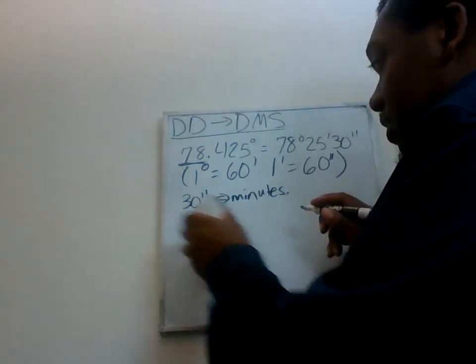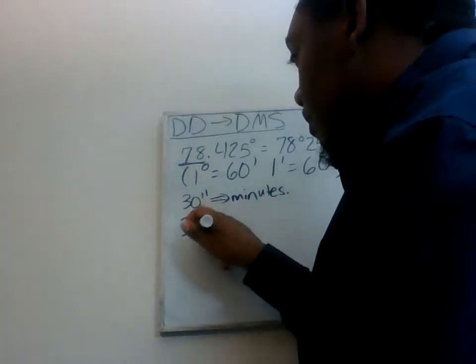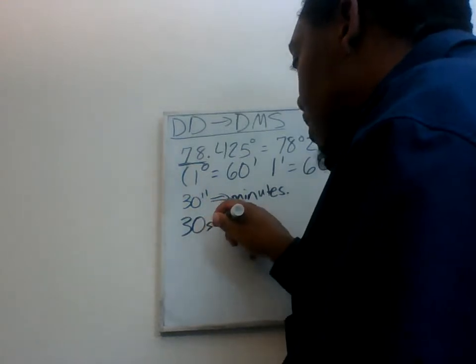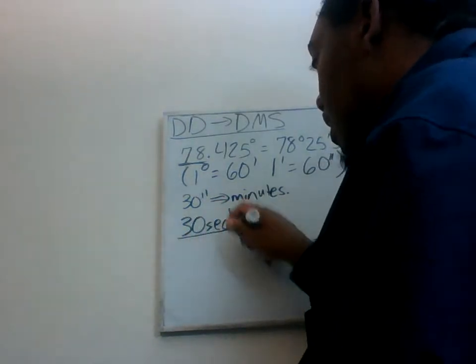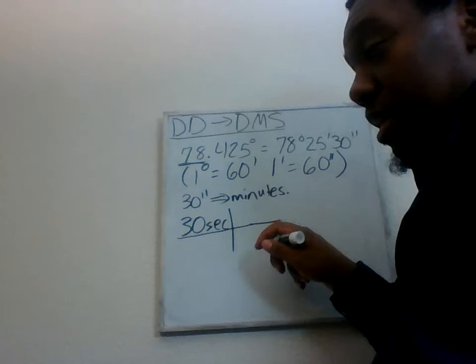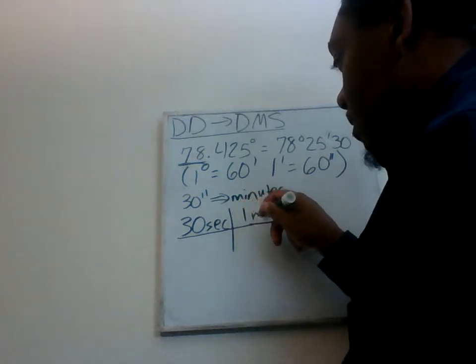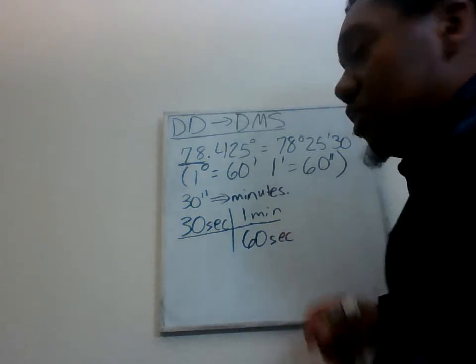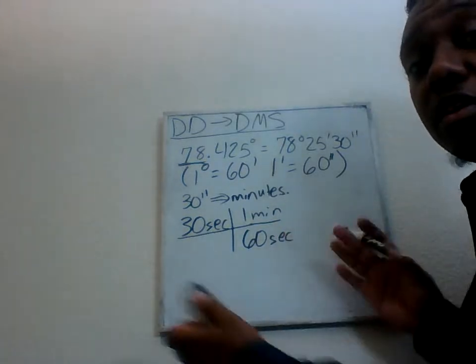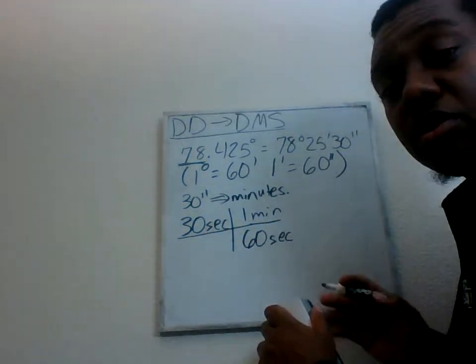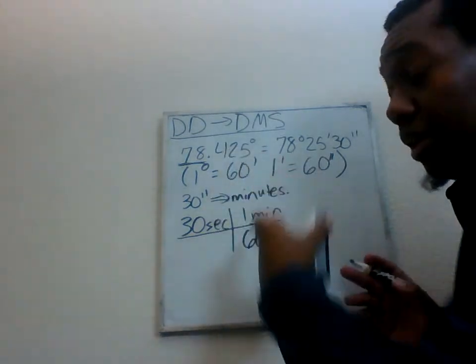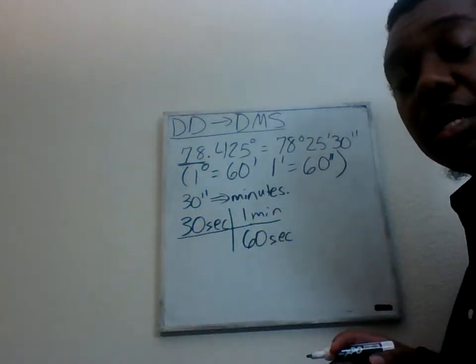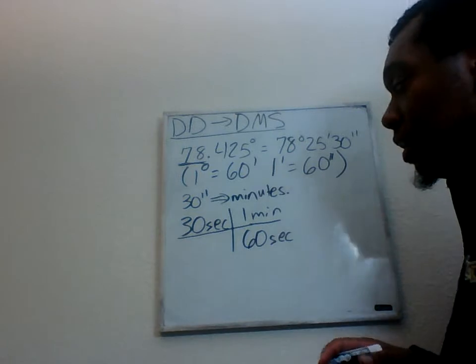So when I take that 30 seconds here, and I'll write it this way, how would I get my minutes? Well, I have my 1 minute is equal to 60 seconds. And I'm showing you this way just so you have another method for converting between the two. We could have done dimensional analysis going from the other direction as well, and that would have also gotten us to the correct answer.